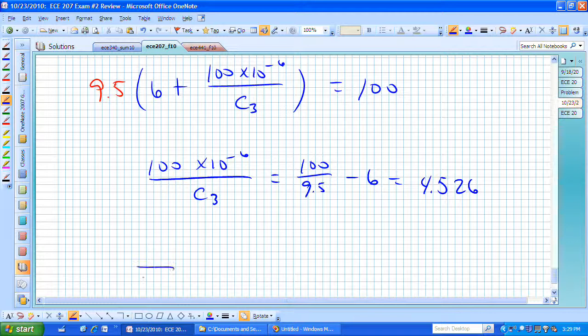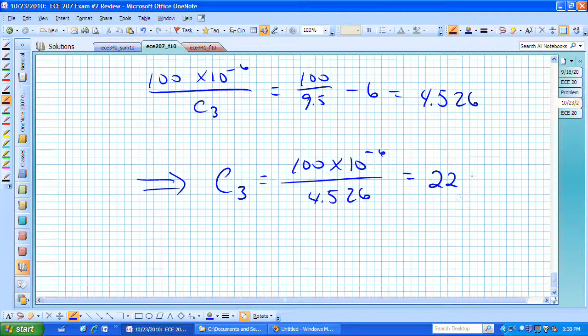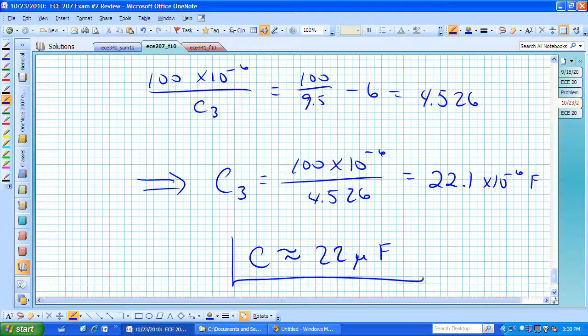We then see that C sub 3 is equal to 100 times 10 to the minus 6 divided by 4.526, which is roughly 22.1 times 10 to the minus 6 farads, or C is approximately 22 microfarads. And that's the capacitance of C sub 3 when you have this charge pulse bled off from it, as stated in the problem.